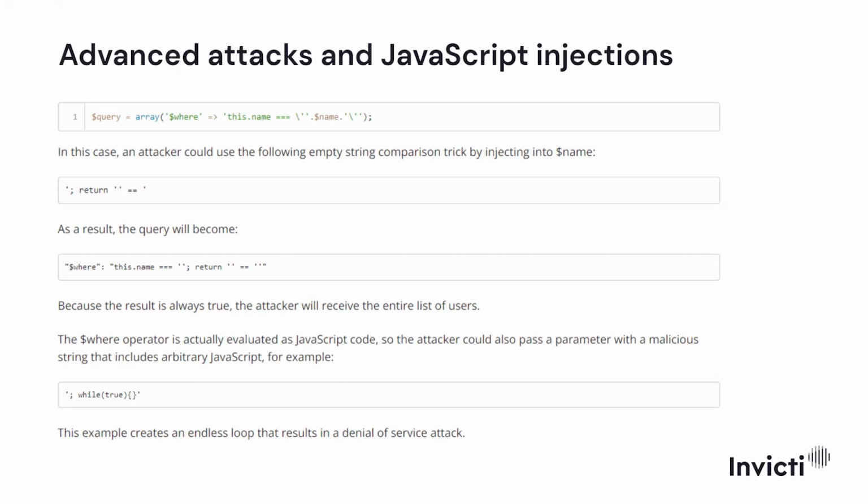You can see here that we can just modify the query with our input in a way that will always return true, no matter what the name of the document is or the ID is or whatever. And because the result is always true, we will receive the entire list of documents, the entire collection. And yeah, it's also possible to abuse this for a denial of service attack, for example.